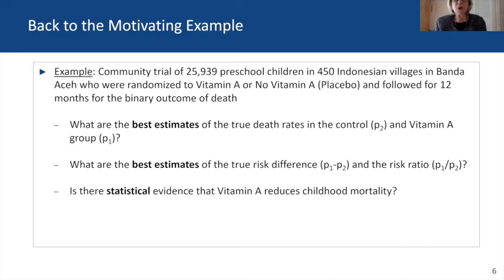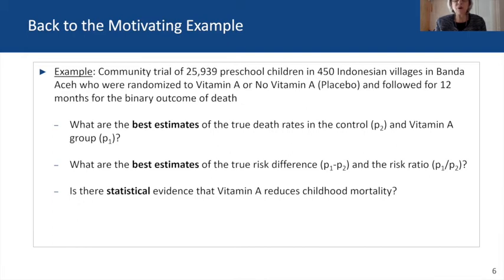So let's go back to the motivating example where we have the community trial of children who are randomized to either vitamin A or placebo and followed for 12 months for the binary outcome of death.